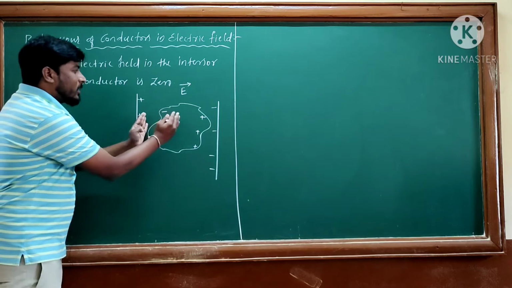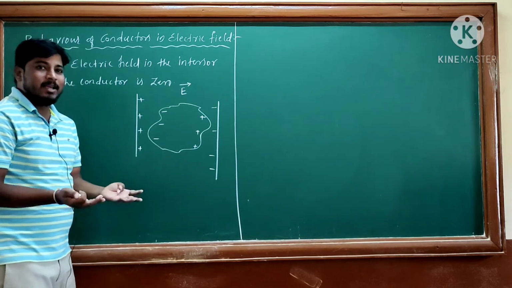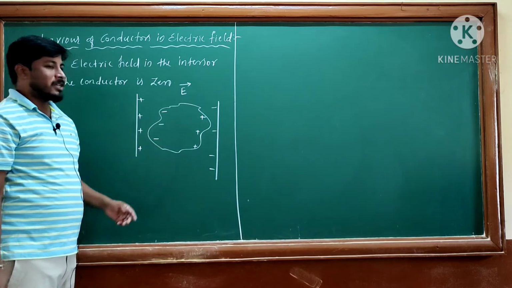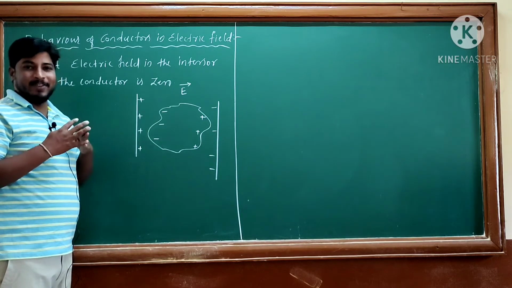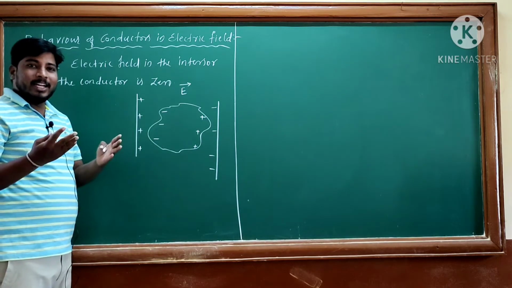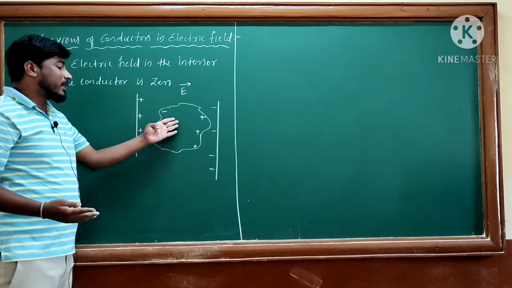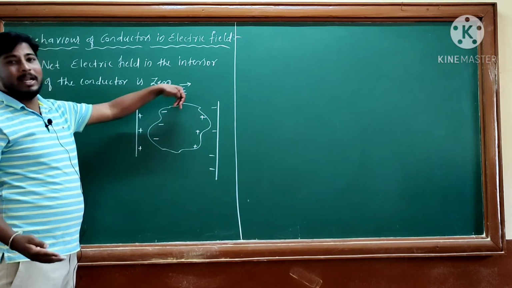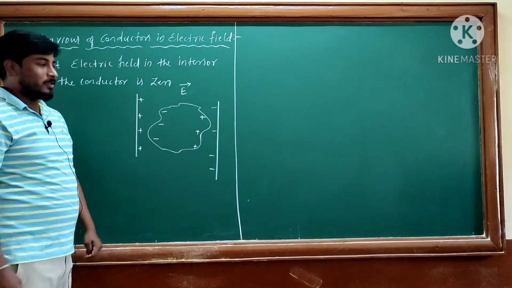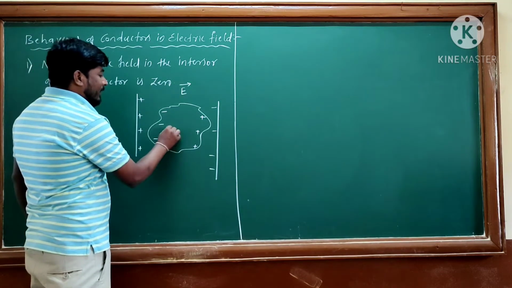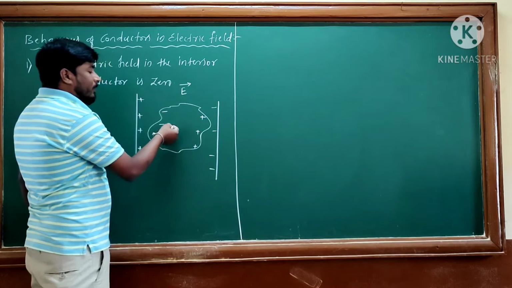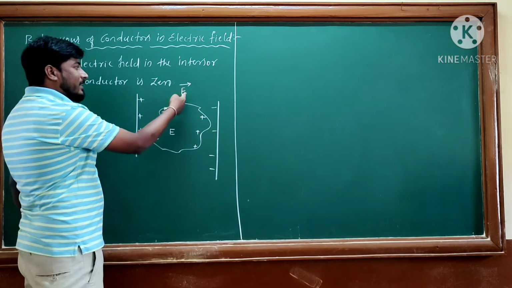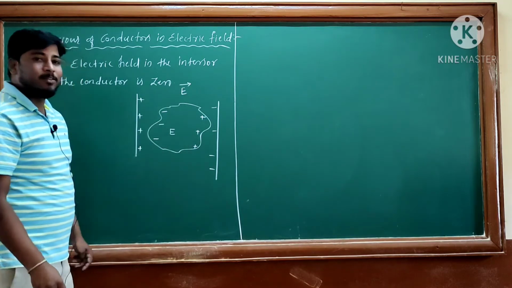These positive and negative charges establish an electric field, and whatever electric field is established by this conductor is in the direction opposite to the applied electric field. So the electric field established by this conductor cancels the applied electric field.